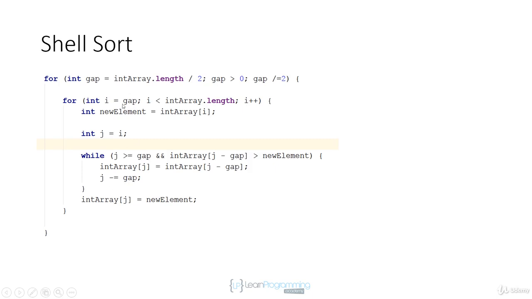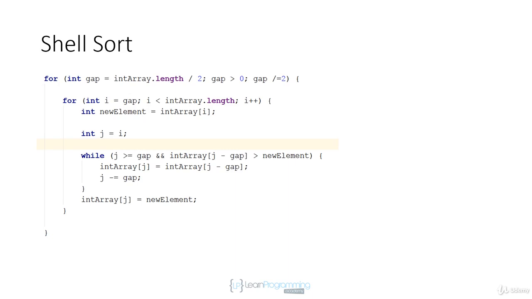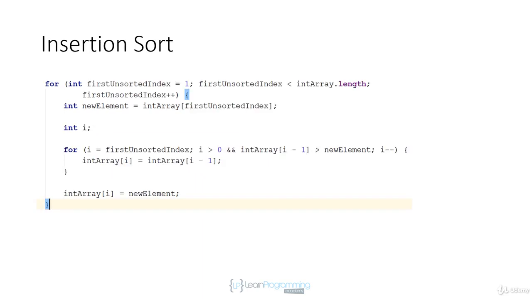So I think if you take a look at these two sets of code, here's insertion sort again, and here's shell sort, you can see that we're doing the same thing inside here as we're doing with insertion sort. It's just that we're examining elements that are farther away, except on the final iteration. On the final iteration, when the gap is 1, what we're doing in here is exactly the same thing as what we're doing in here.